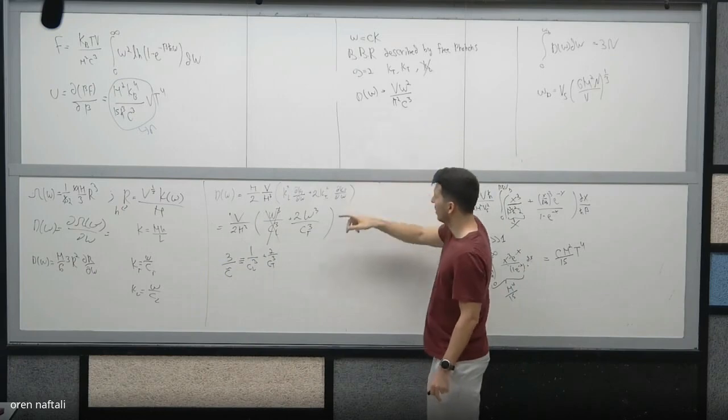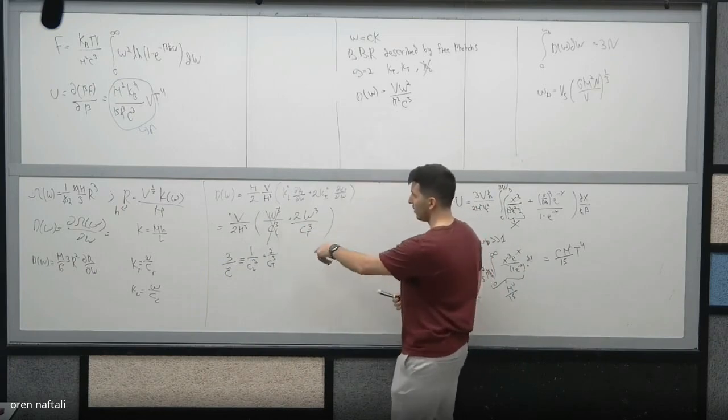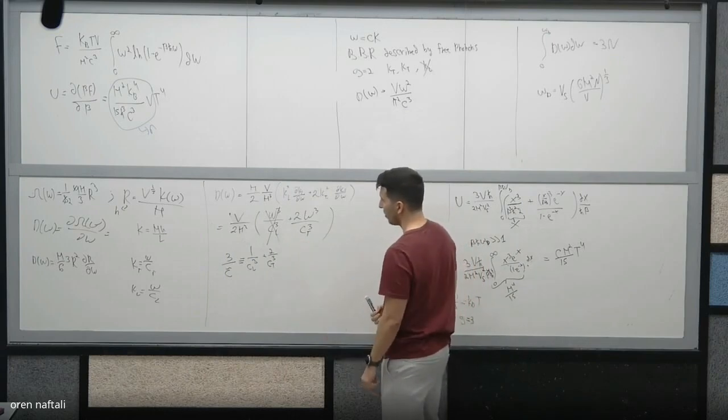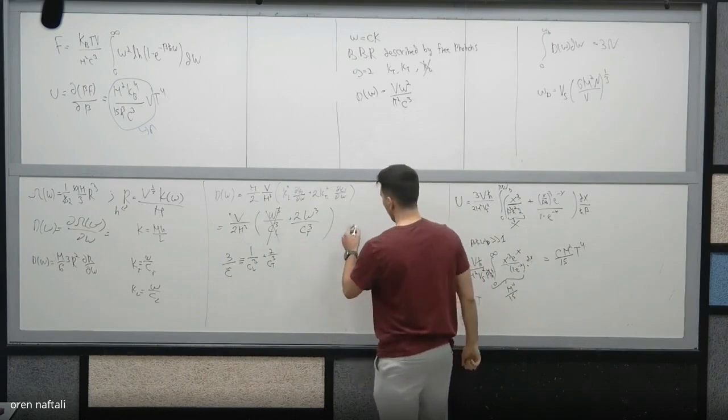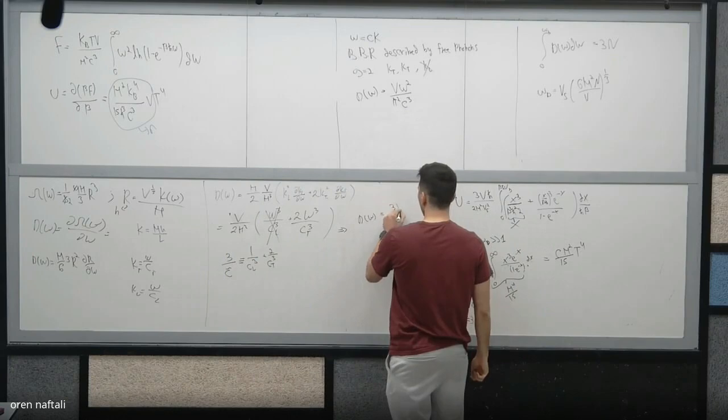But in the other case, it will be 3 over 2, I think. And so d omega is equal to 3V omega squared over 2 pi squared.